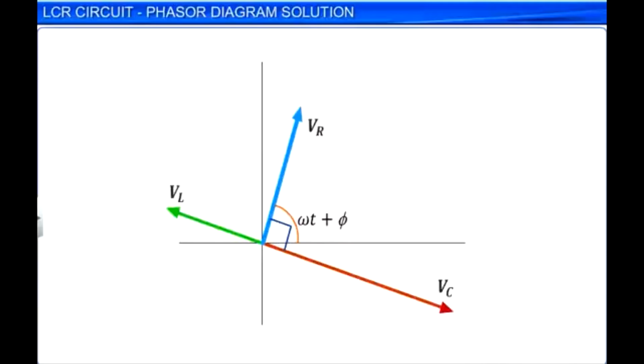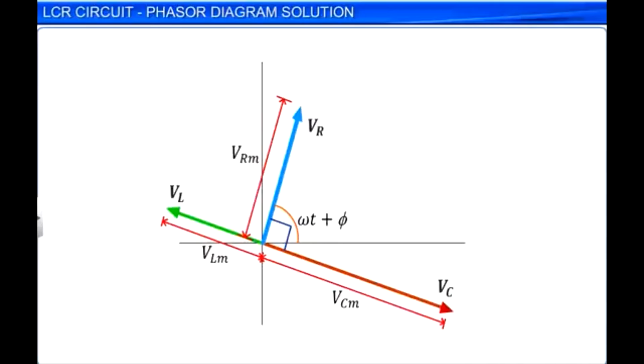The amplitudes of the potentials across the capacitor and inductor are VCM and VLM respectively, and are at a phase difference of pi by 2 from that across the resistor, that is VRM, and they lie on the same line on the phasor diagram.